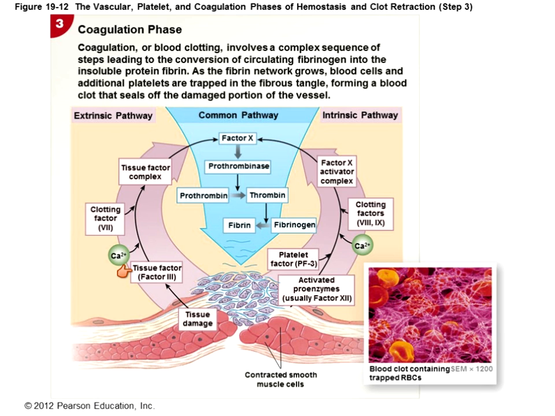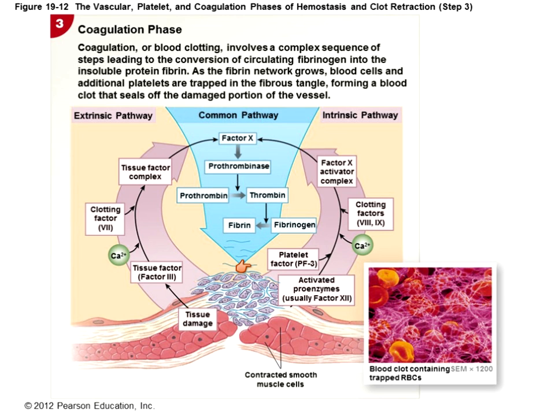So that's why we say the extrinsic pathway is going to take place in the blood vessel wall or associated with the outside of the bloodstream, because it's the damaged tissue that is releasing things like tissue factor 3, clotting factor 7, tissue factor complex, and so forth. So it's the damaged tissue that leads all of that to take place.